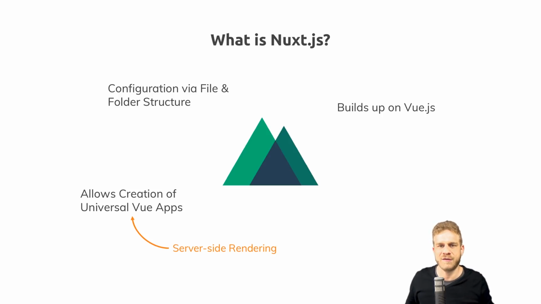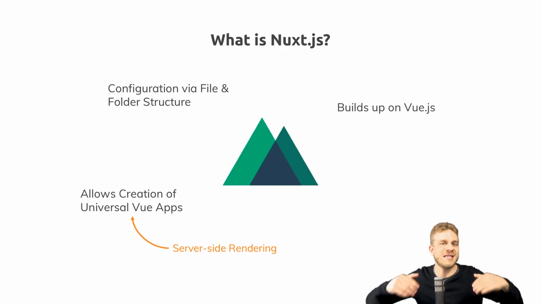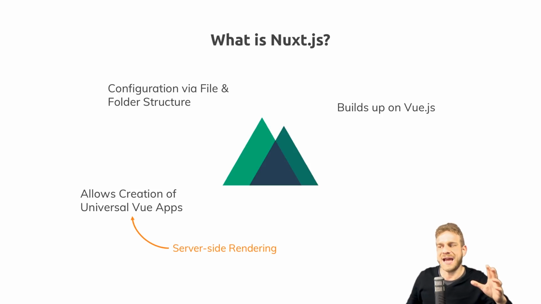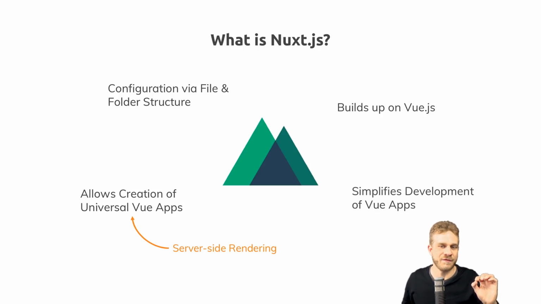Because that's another important thing, you still build a Vue application in the end. Nuxt builds up on Vue. It doesn't replace it. So we stick to the Vue world, but gain some extra tools and utilities. So in the end, it simplifies the development of Vue apps.